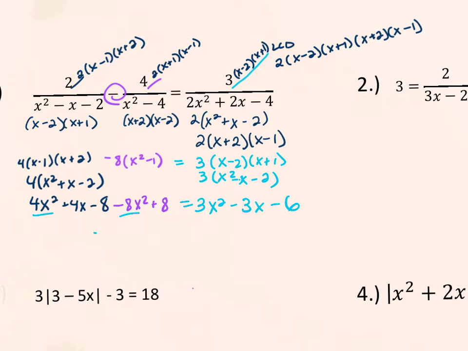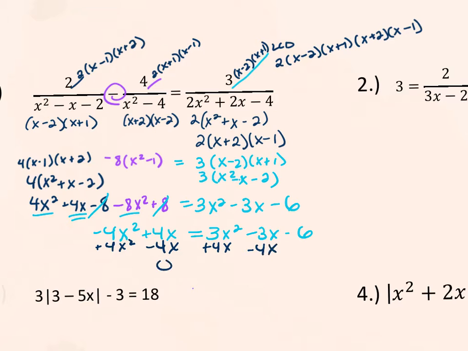Combine my like terms here on the left: negative 4x squared, positive 4x is by itself, 8's cancel. And then I would add this to the other side. And I get 0 equals 7x squared, this should have been squared, minus 7x minus 6.